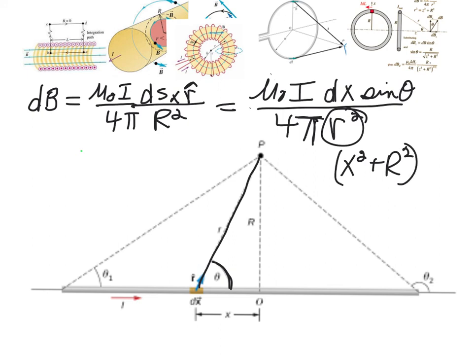And then we could write the sine of theta in terms of x, and we could do this integration in x rather than in theta. But the solution they show is in theta, and that gives you the result of this problem, integrating from any theta 1 to theta 2. And so it gives you a way of calculating the field for a point at any distance of a wire of any length.